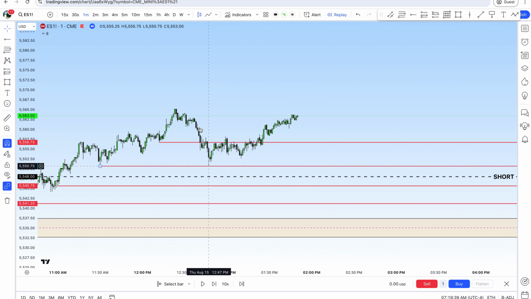Being a part of this down move, sellers are trapped here and the market is moving away from it. We're going to refer to this tomorrow.